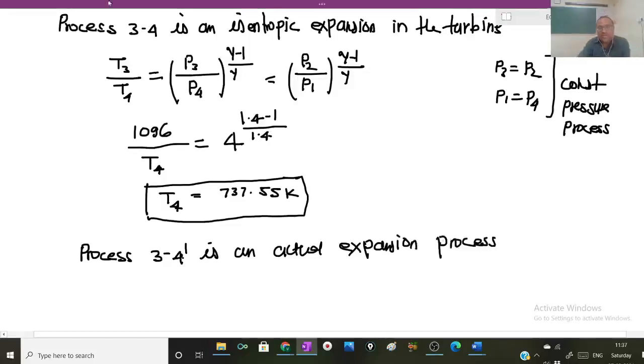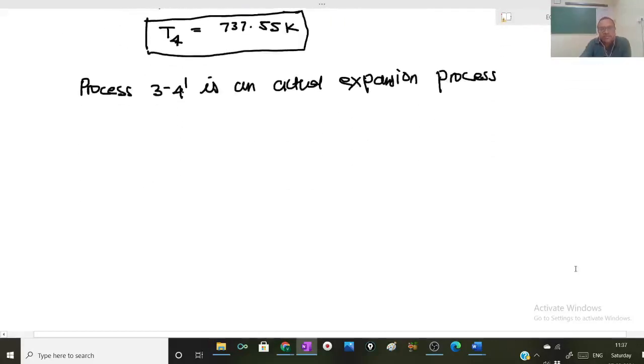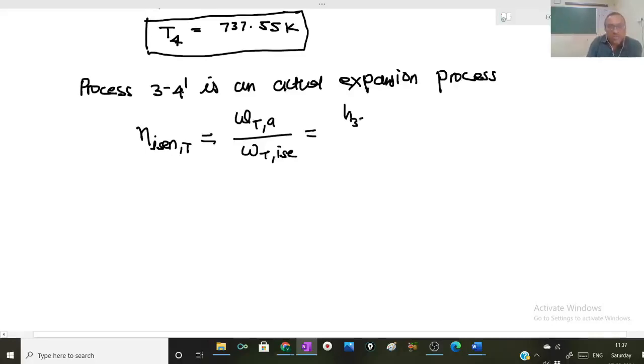When considering the expansion process, turbine efficiency comes into the picture. The isentropic efficiency of the turbine is the actual turbine work to the ideal work. When the turbine is operated isentropically, it will give you maximum work output. This will be H3 minus H4 dash over H3 minus H4.